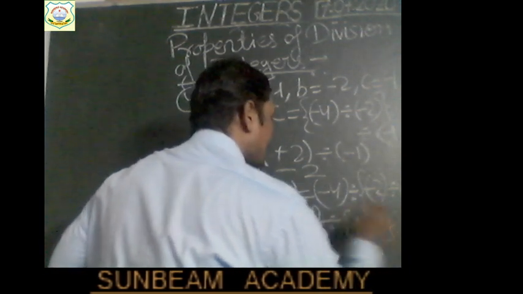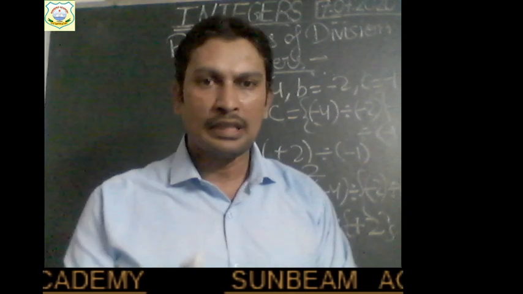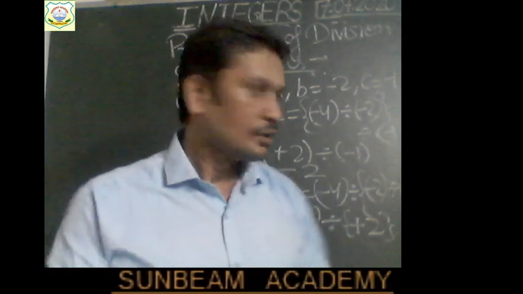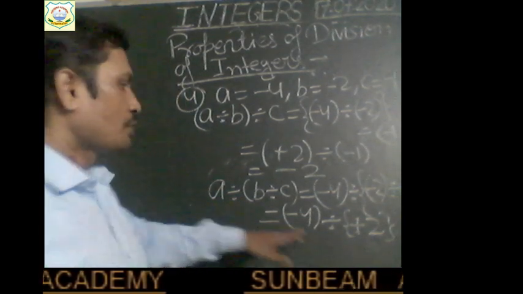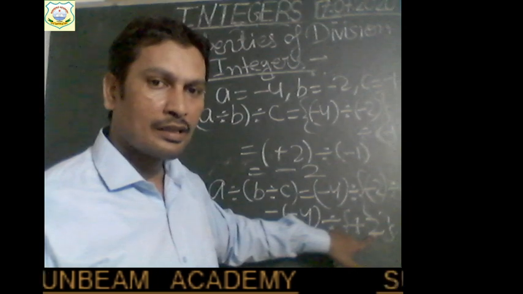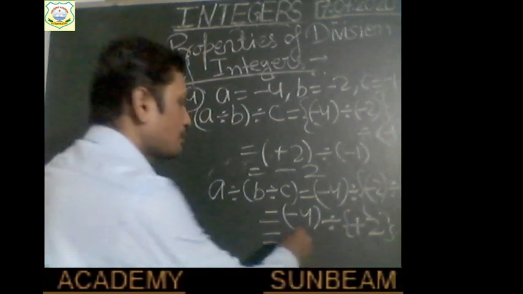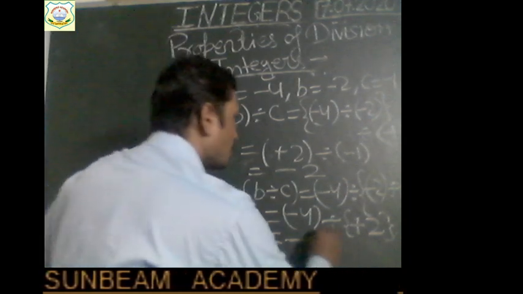I am continuously dictating so that if you are not able to see the board, then you can listen to me and understand. So don't get confused. Now minus 4 divided by plus 2, negative integer divided by positive integer. So minus and plus will become minus, and 4 divided by 2 will give 2.